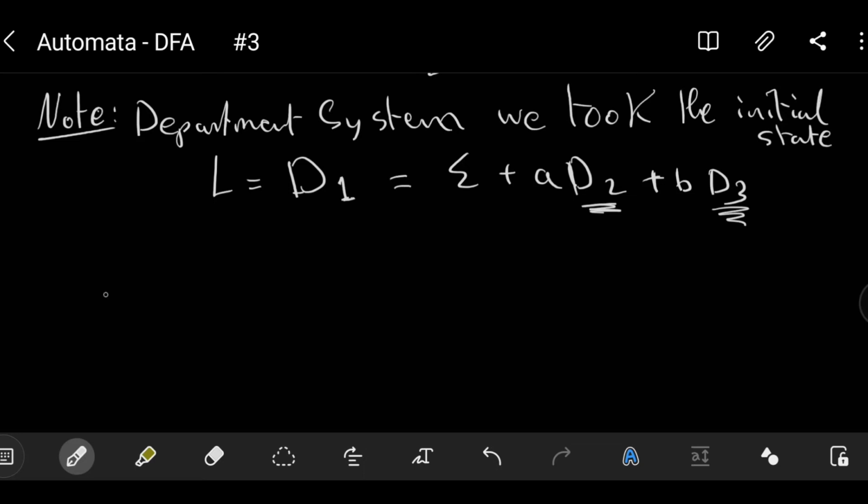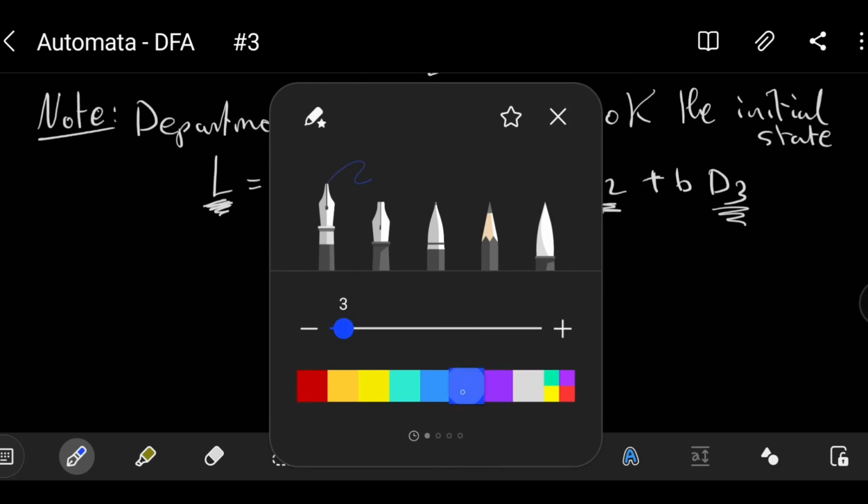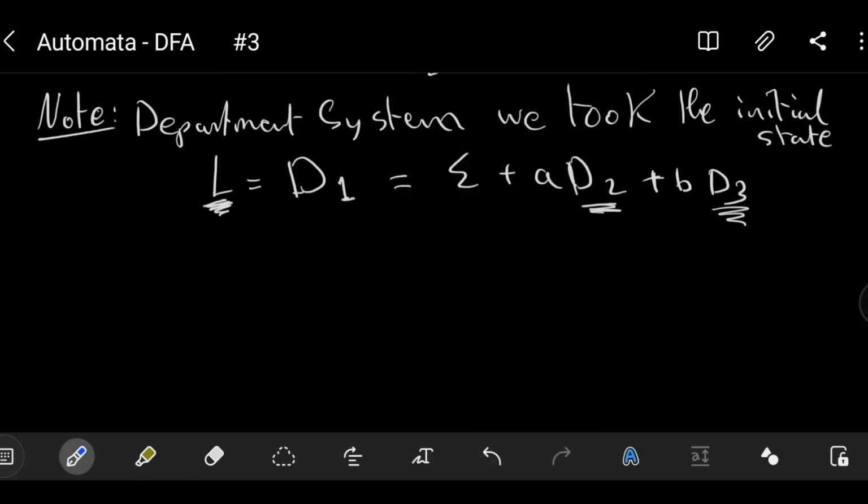So, I need to get an expression in A and B. I need to make a language. So L refers to a language. Now, let me change the color because we have moved to another idea. So D3, from the above steps, equals epsilon plus A D2 plus B D3.